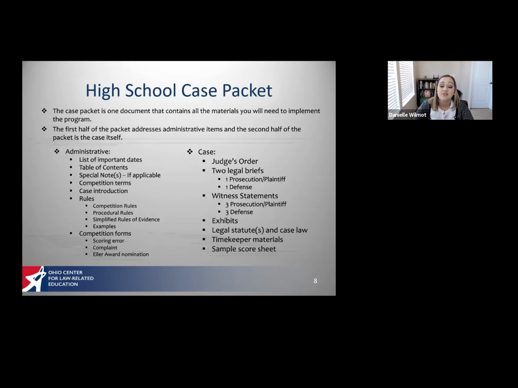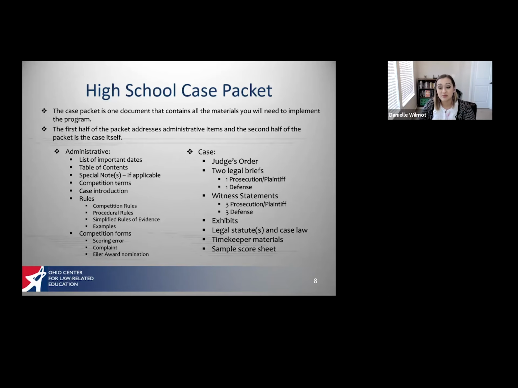And then every year we have an award that we present to one mock trial coach for their excellence in coaching and their commitment to the program and their commitment to their students. So that form is also included in that section.